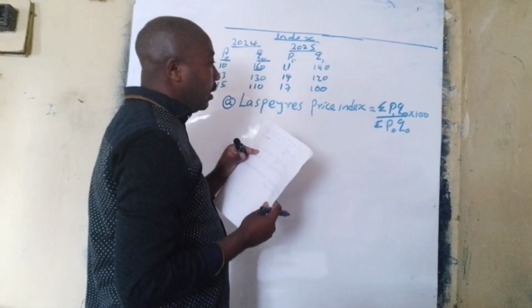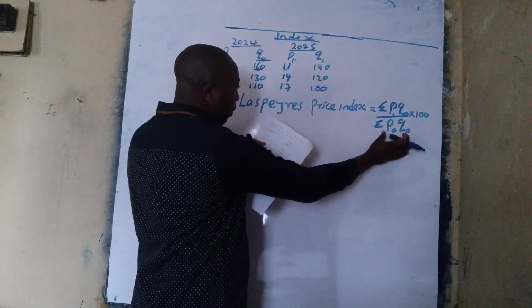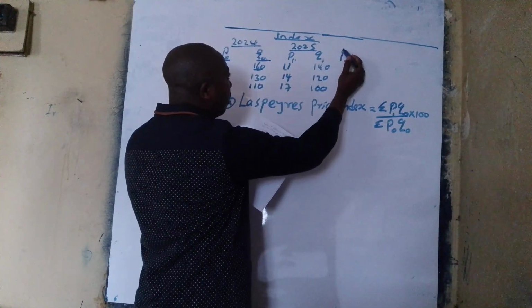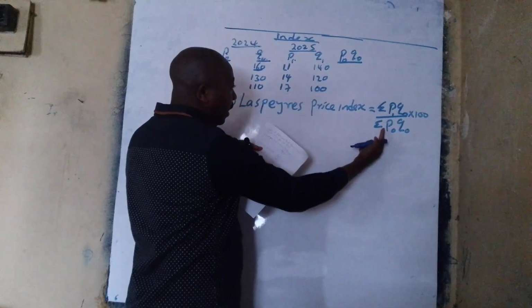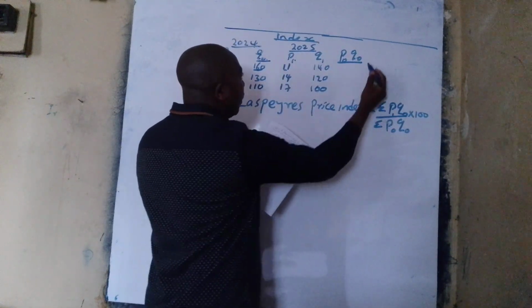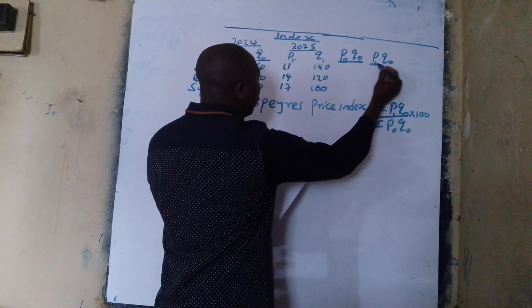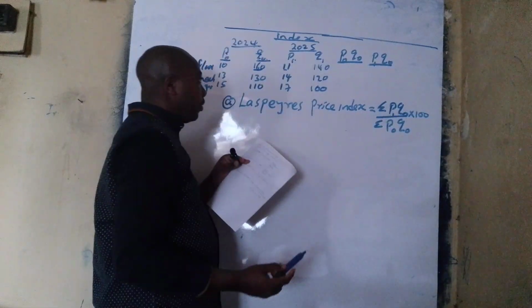And for that matter, it is good we have P0Q0. So we introduce a column here, call it P0Q0, so that we can get the summation of it. Introduce another column here, P1Q0, so that we can have this P1Q0.